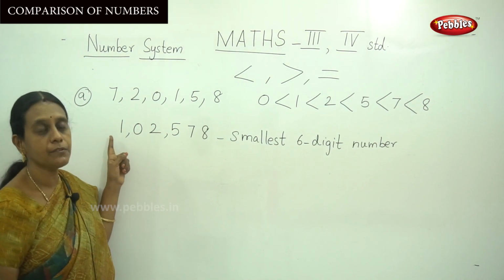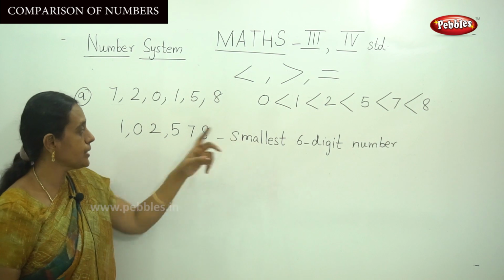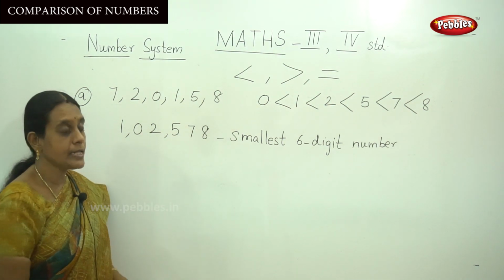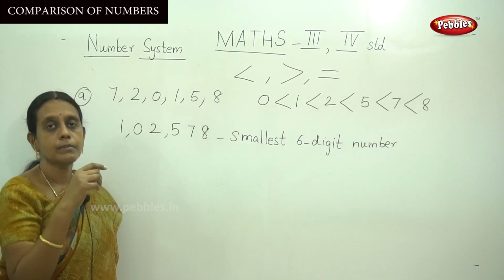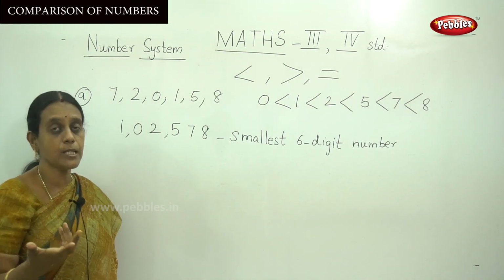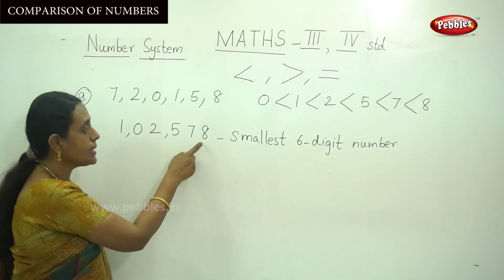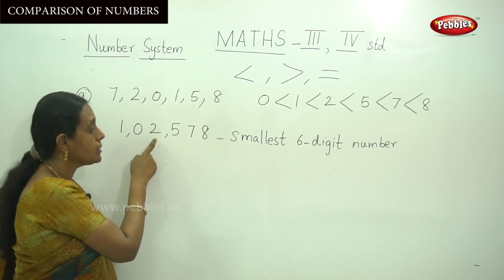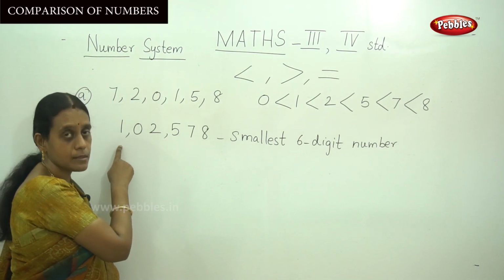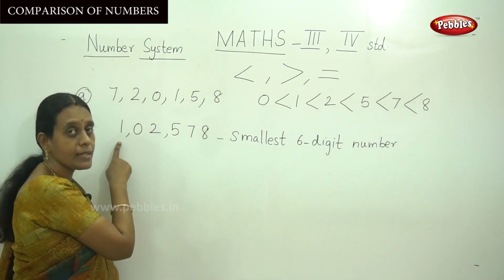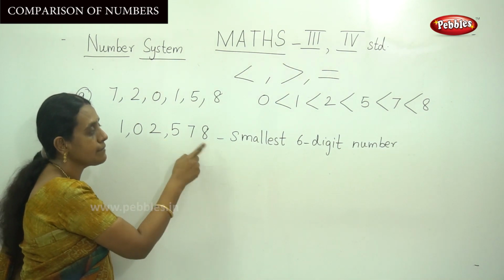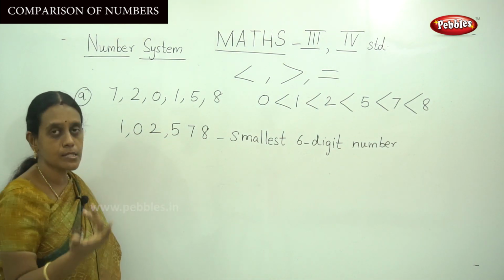Put the number 1 first and arrange the rest in that order, and insert commas according to the Indian place value system: ones, tens, hundreds, comma, thousands, ten thousands, and comma. So now it is 1,02,578. This is the smallest 6-digit number.